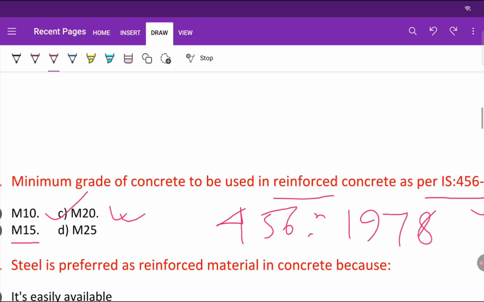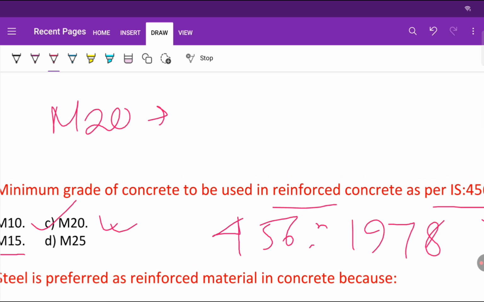Now if we look at the M20 mix proportion, it is 1:1.5:3, right? So here 1 part of cement, 1.5 parts of sand and 3 parts of coarse aggregate, right?